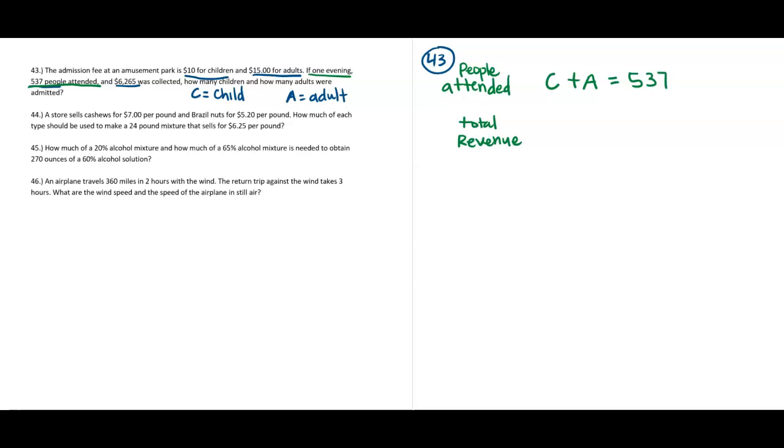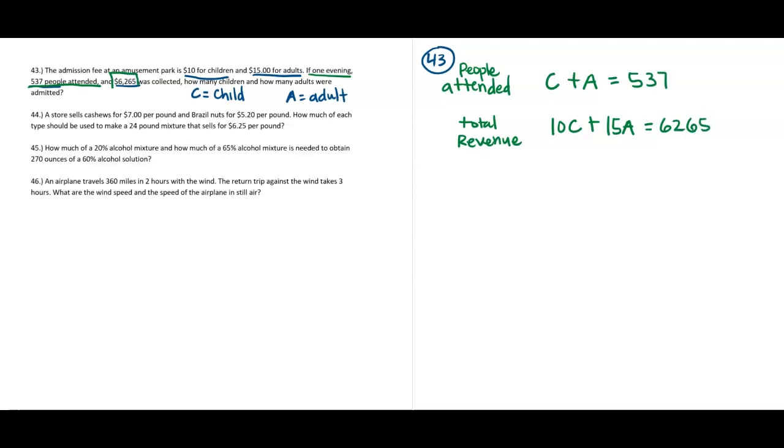So we know that it would cost $10 for children, so we're going to say 10 times however many children there were, plus 15 times however many adults there are. Again, we don't know how many that is, but we know that they're charging $15 for every adult. And then this is going to equal the total amount that was collected, so that's 6,265.